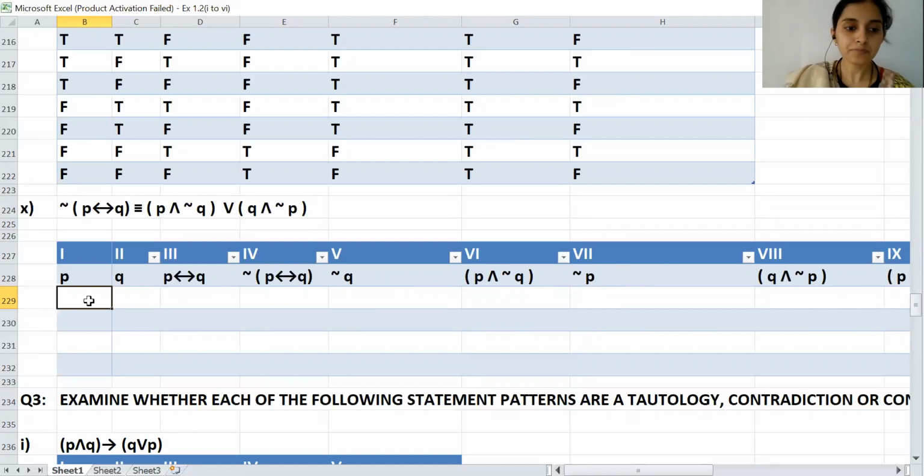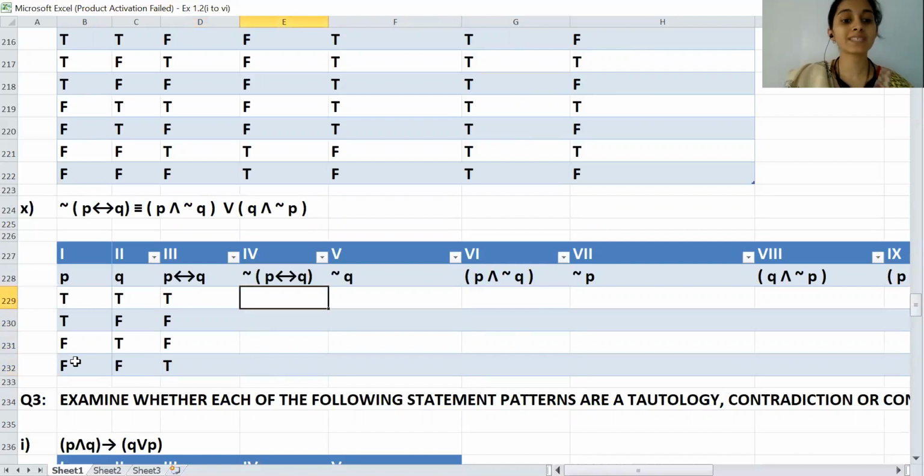Let us begin. True, but there are only 2 statements, so you should finish this faster. Okay, this is false. Then this is true, false, true and false. Now double implication means both have to be same, otherwise answer is false. Negation of P double implication Q, so false, true, true and false.